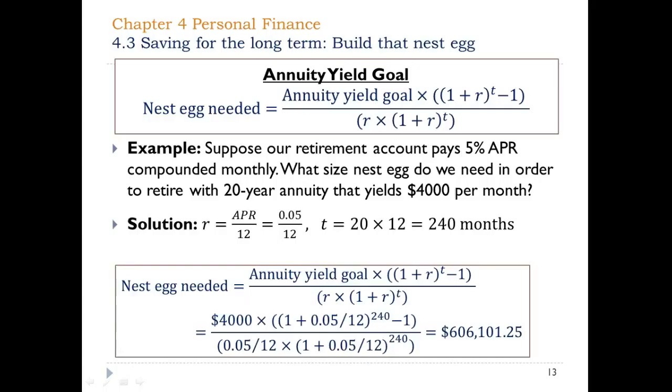Plug in all the values into the nest egg needed formula: 4,000 times (1 plus 5 hundredths divided by 12 to the power of 240 minus 1) divided by (5 hundredths divided by 12 times 1 plus 5 hundredths divided by 12 to the power of 240). That's equal to $606,101.25.